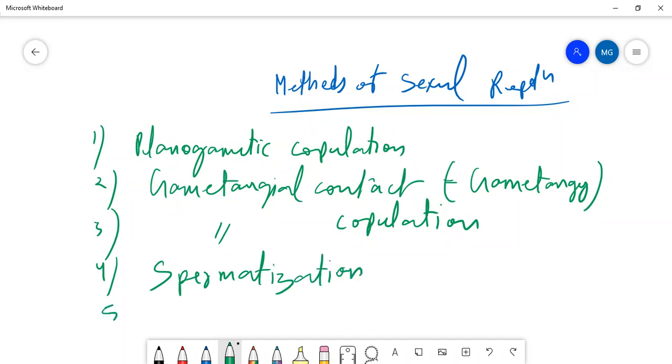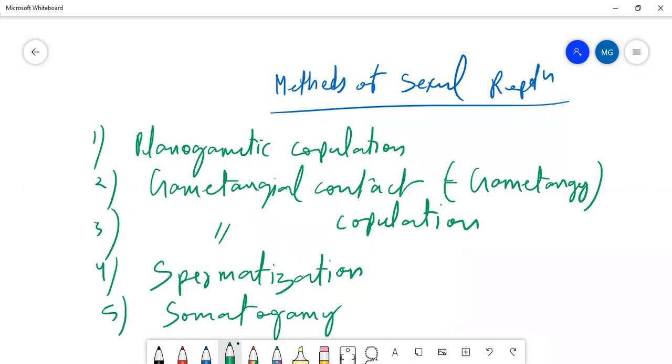And the fifth method is called somatogamy. My job is to tell you, your job is to remember. How you remember this is your headache. My job is to give you clear information. So we have 5 main methods of sexual reproduction in fungi.